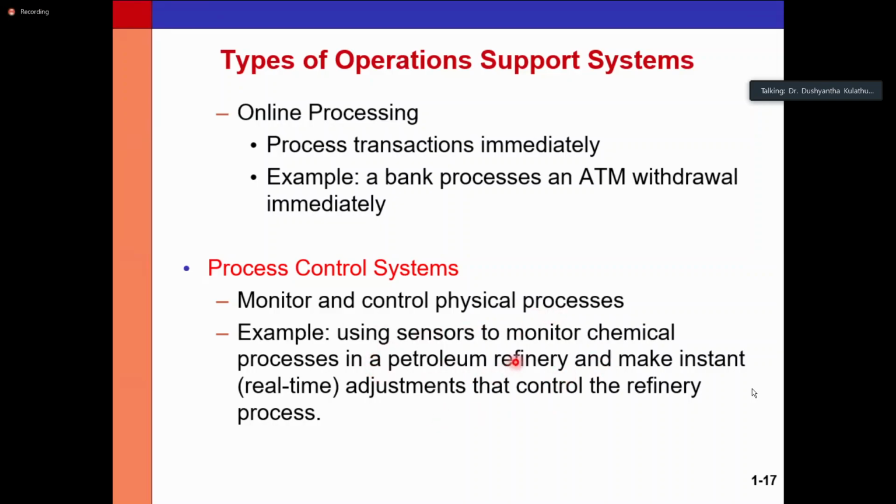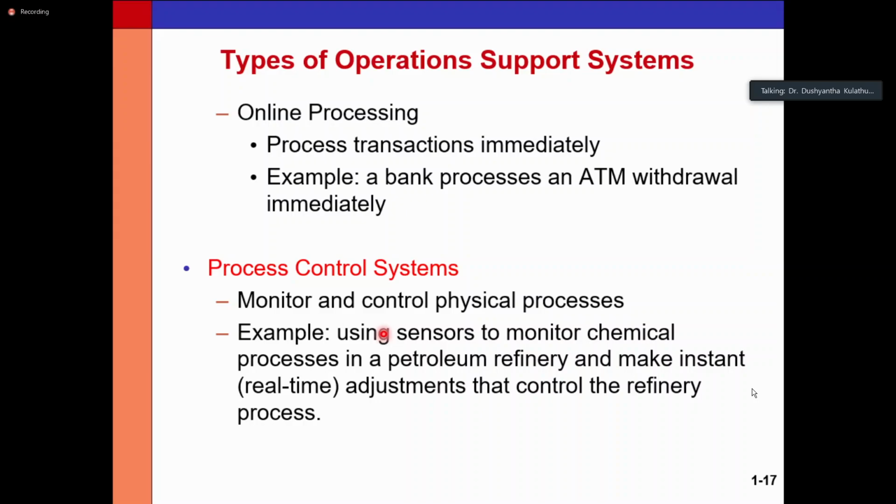In a petroleum refinery, some chemical processing will be done, and there may be sensors utilized there to identify certain circumstances, and maybe to check the temperature of the ingredients that are being processed.